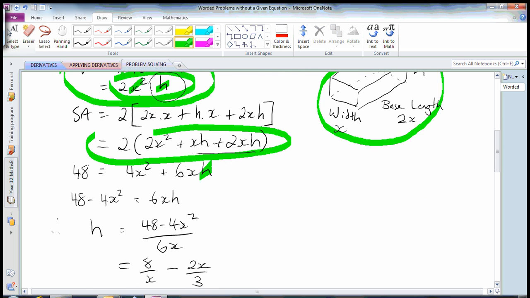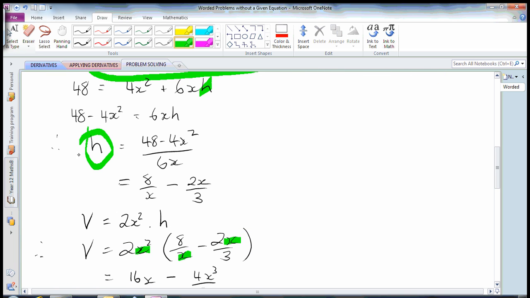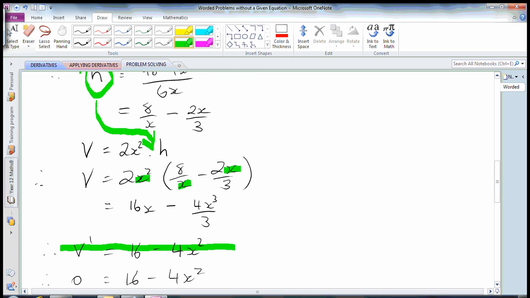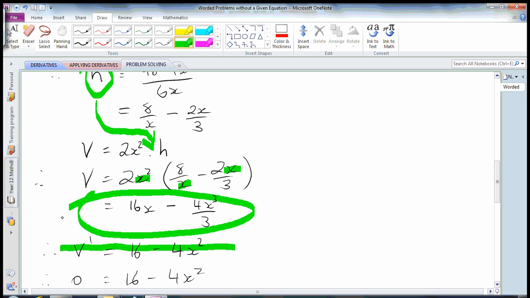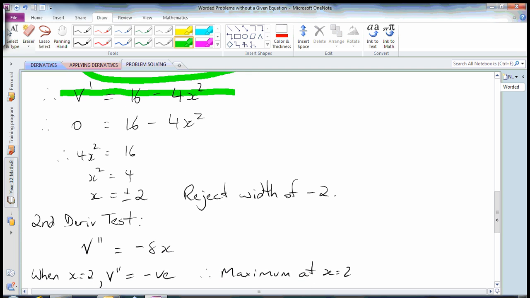With that second expression, we were able to isolate one of the variables, which allows us then to substitute into our volume expression, meaning we've got an equation now which only has one variable, which allows us to optimize as we have previously done.